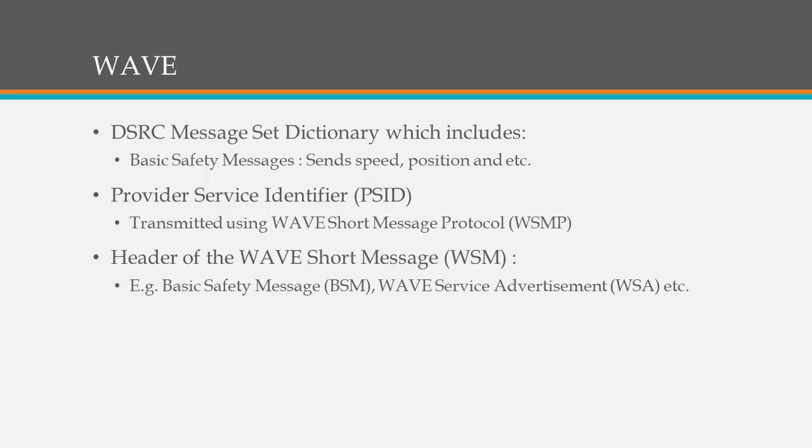It ensures a successful deployment of active safety applications, using widely accepted standards. It supports both V2V and V2I communications. Some of the important parameters of DSRC, which were critical for our application, are WSM and PSID.